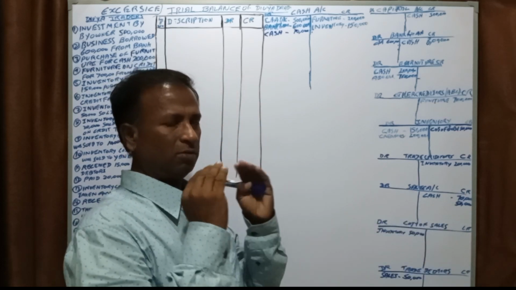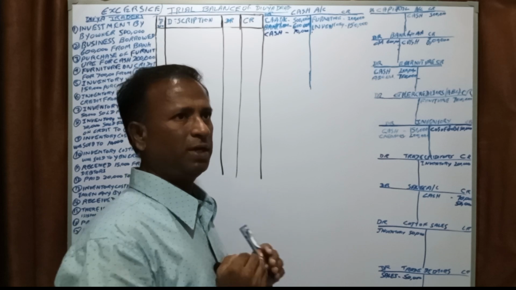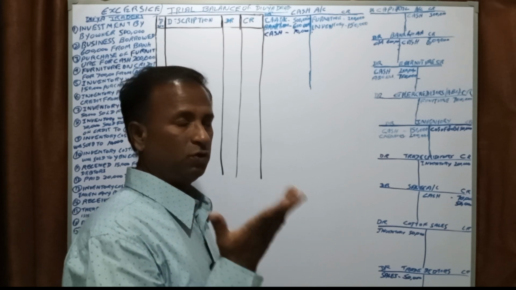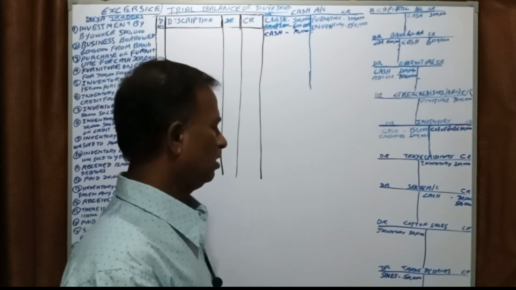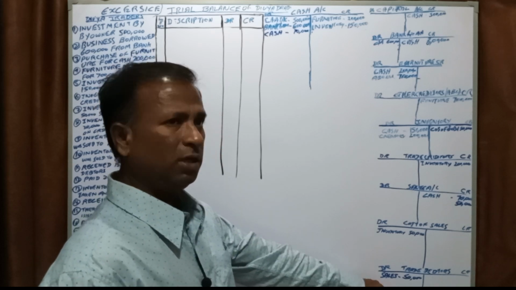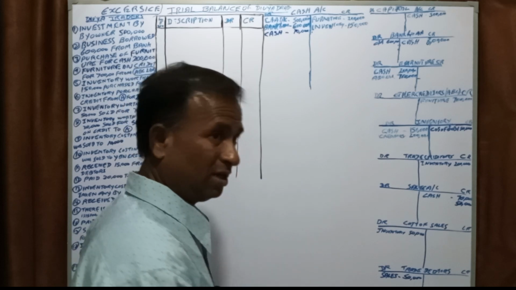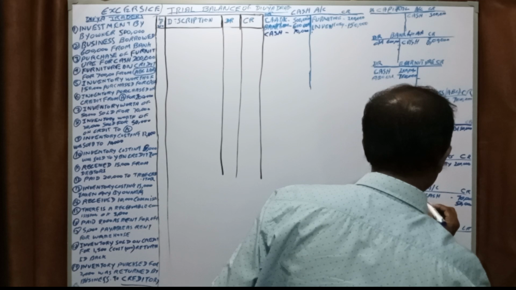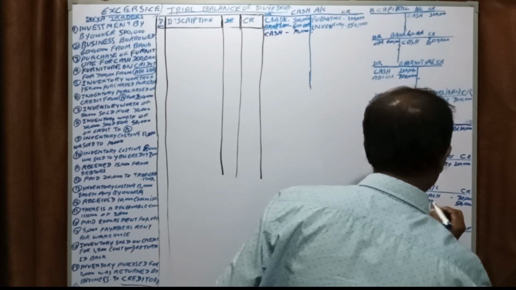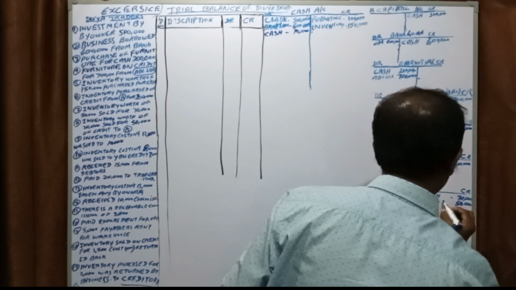So we have credited here. Then the cash has not yet been paid. It will be paid in the future because it was a credit sale. Then it has to be debited. Trade debtors has to be debited. Here we say trade debtors.